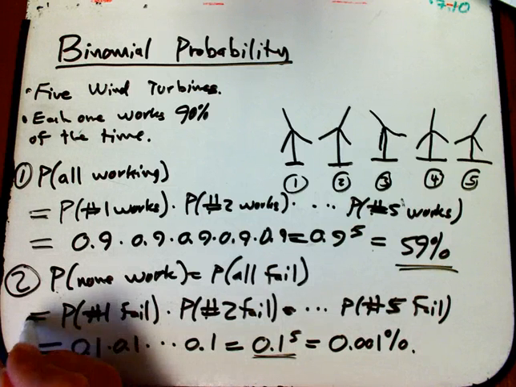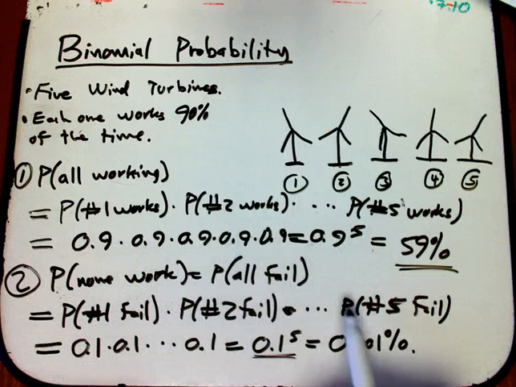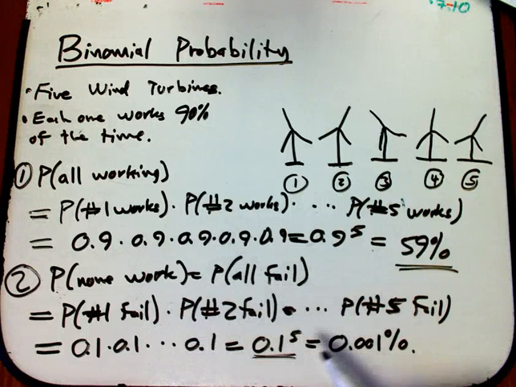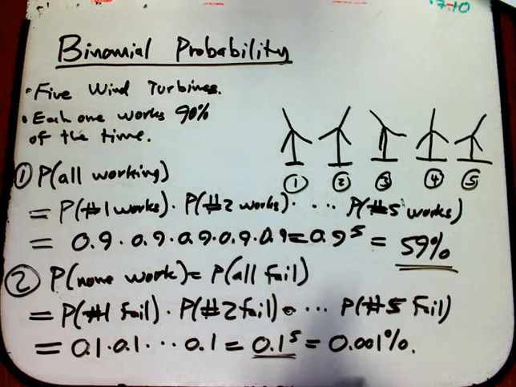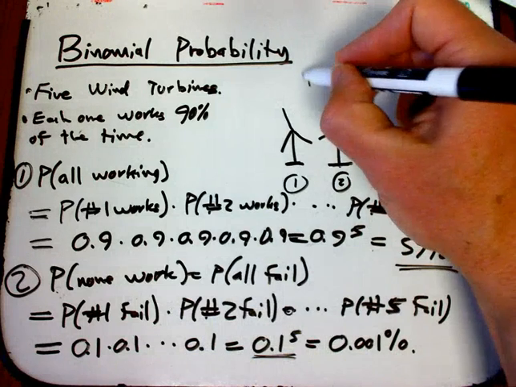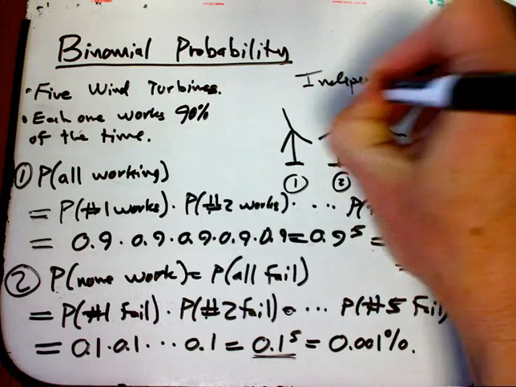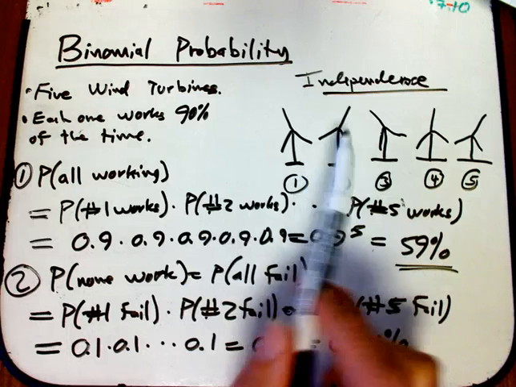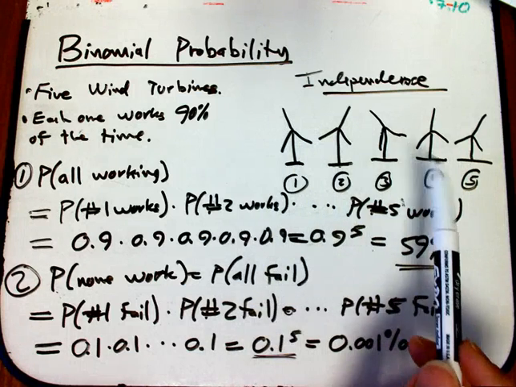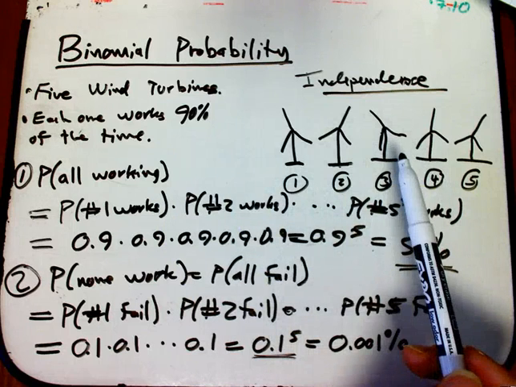Really important point: this is almost certainly dead wrong, really misleading. There's an assumption being made here, and we're going to make this assumption for the purpose of deriving these probabilities, but there's a big assumption in both these calculations, and that is the assumption of independence. That is the assumption that whatever is causing one or more wind turbines to not work is not associated with whatever might be affecting the other wind turbines.